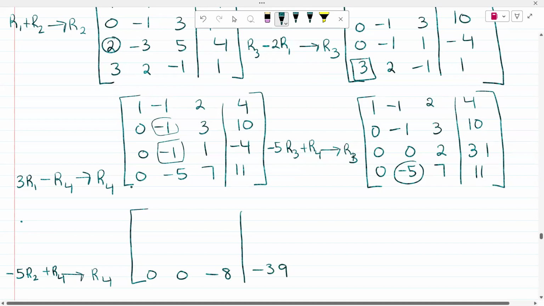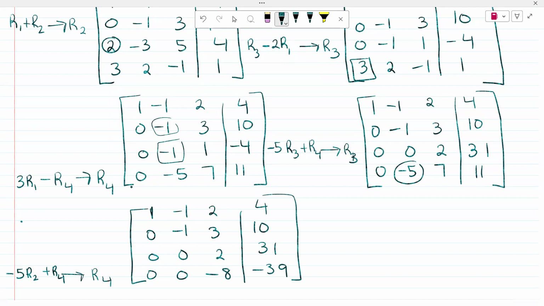And then we didn't mess with row 3, or we didn't mess with the previous row, so just write it down. 0, 0, 2, 31. Perfect. Okay.